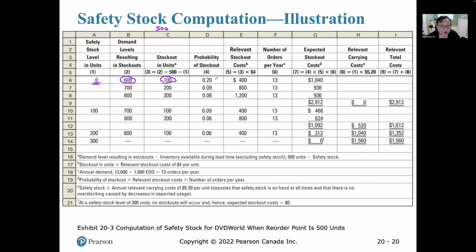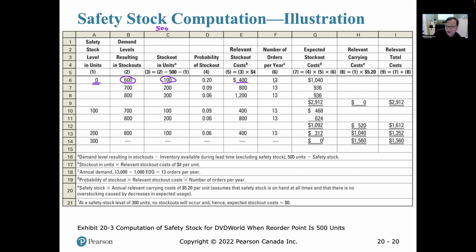Suppose the probability is 20%. So there's a 20% chance this is going to happen. What's the cost? If you have to get 100 units right away, the cost is $4 each unit. So 100 times $4, that's $400. But that's just one order.